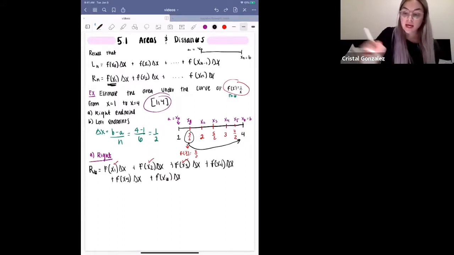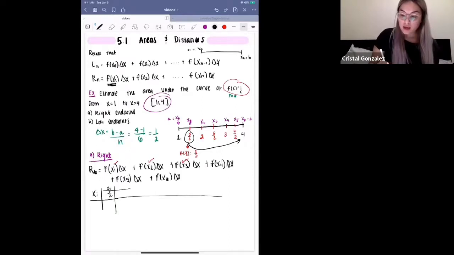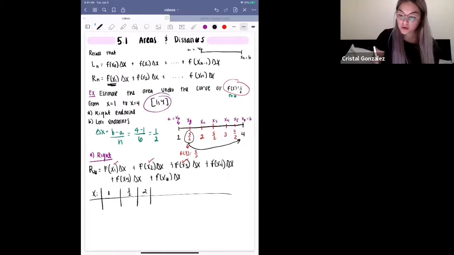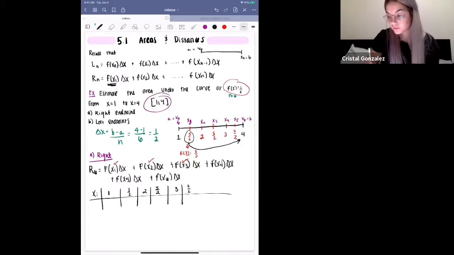My xi's are going to live up here, so your little x subscripts are going to live on top, and here is going to be x naught, where it is 3 over 2. Then you are going to put in all your xi's: 1, 3 over 2, 2, 5 over 2, 3, 7 over 2, and then 4.